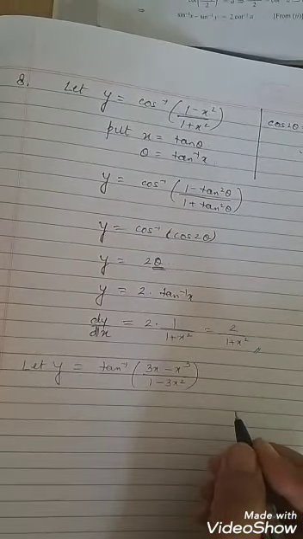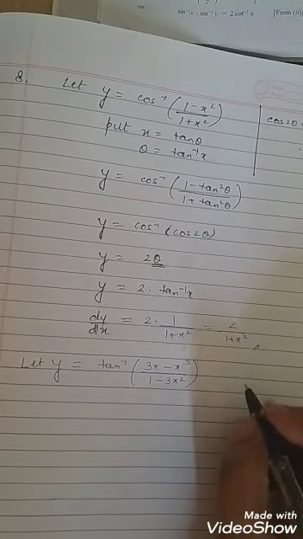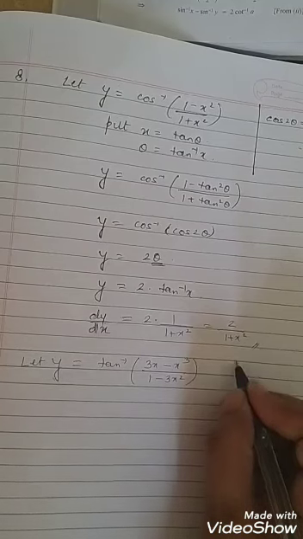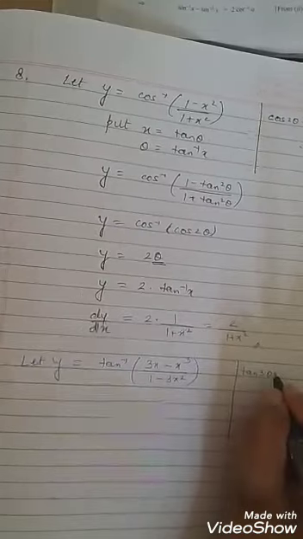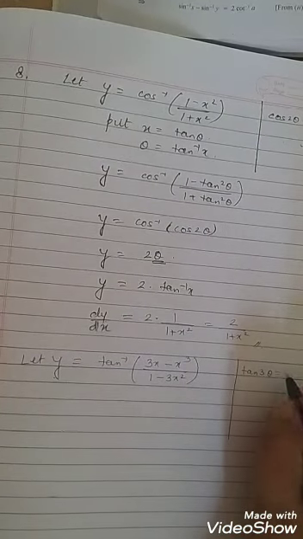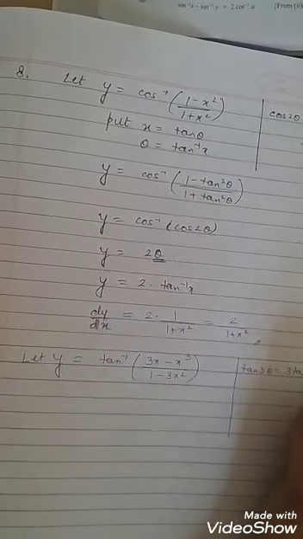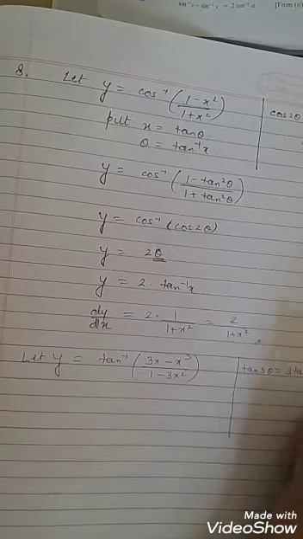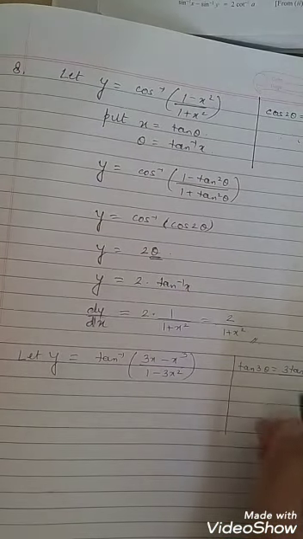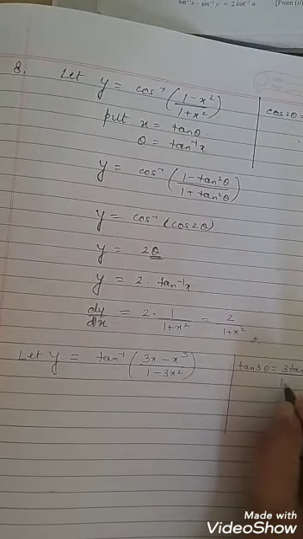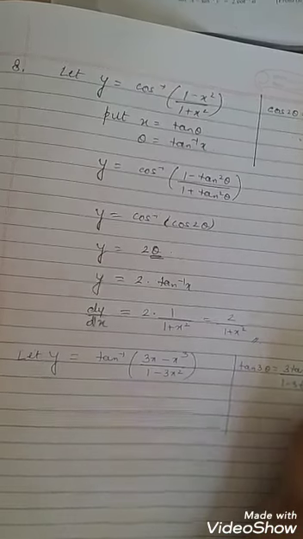Okay, now before we do this, I think we should know the formula for tan 3 theta. Tan 3 theta is 3 tan theta minus tan cube theta upon 1 minus 3 tan square theta.